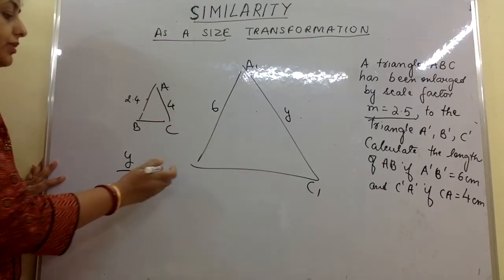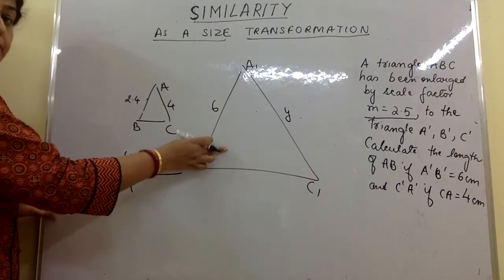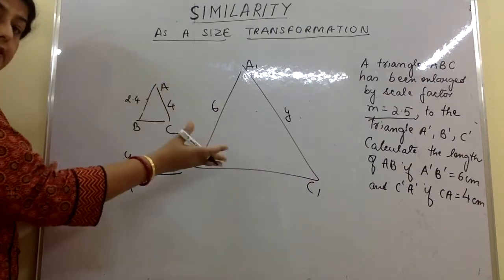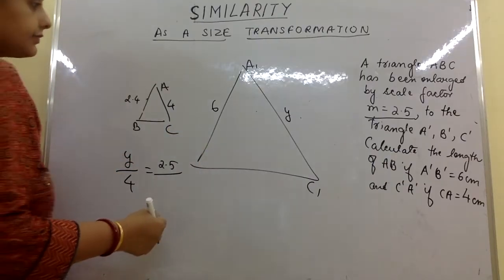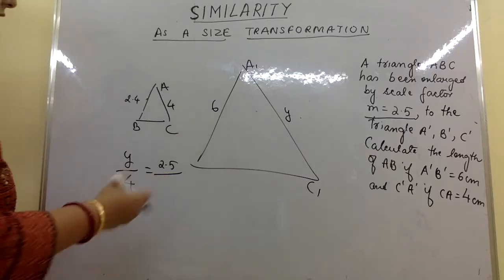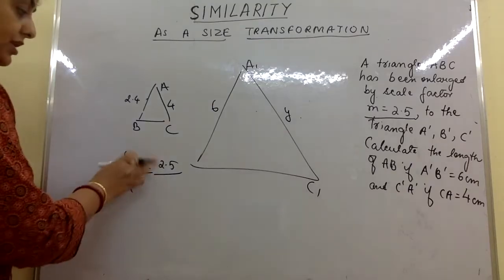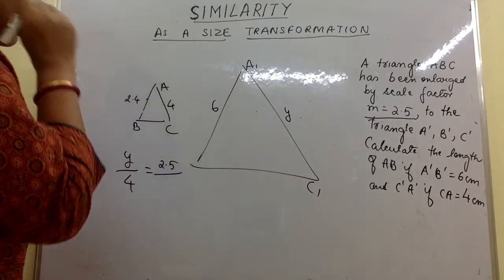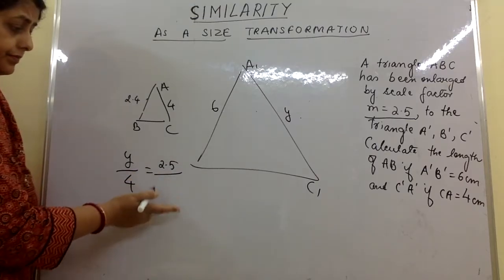Now the 2.5 is going to go above, because that is for the bigger one. The bigger number goes there. So that is 2.5, because when you find ratios, the bigger ratio will be there. This is actually 5 by 2, so if you want, you can make it 5 by 2 also, and here you have a 1.